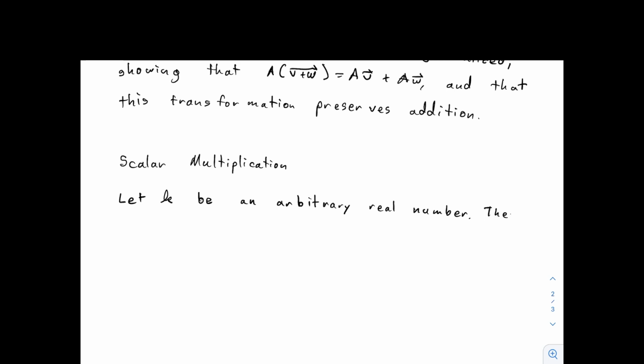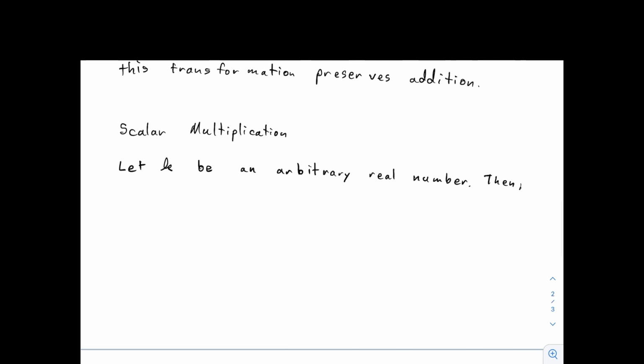Then k times some vector v is equivalent to k times v1 all the way down to k times vm. Right? Because the scalar multiplication of a vector is similarly done component-wise.